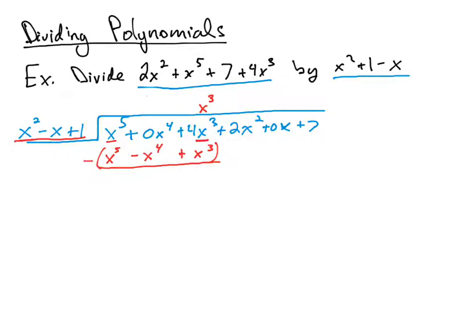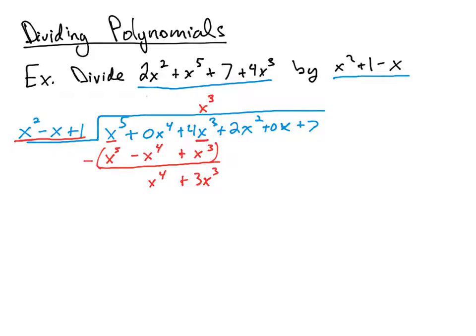So 4x cubed minus x cubed will be 3x cubed. That's positive. 0x to the fourth minus negative x to the fourth is like 0x to the fourth plus x to the fourth, which will be positive x to the fourth. And then x to the fifth minus x to the fifth is 0, so we don't need to write a 0 there. And I'm going to remove the plus sign here.